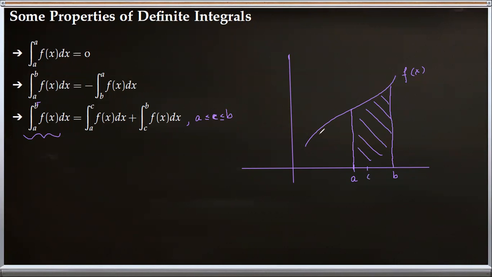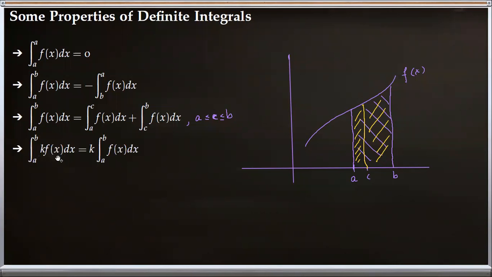So if our c is over here, then I can draw two areas like that. So I can say this will be the integral from a to c, and the other one will be the integral from c to b. So this is the area that is given by the integral from a to c, and the other one will be the area given by this integral from c to b.